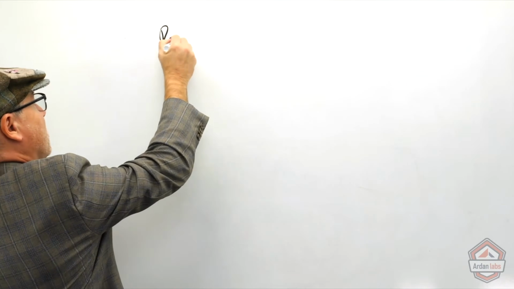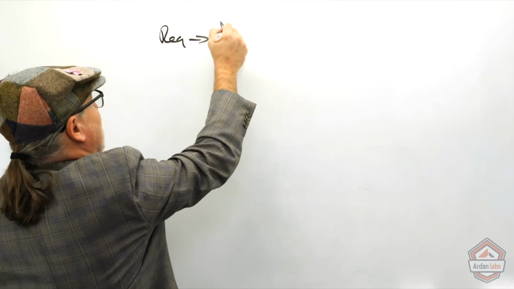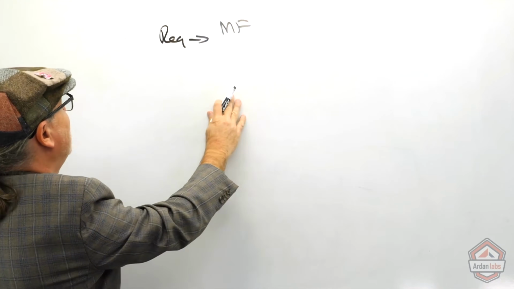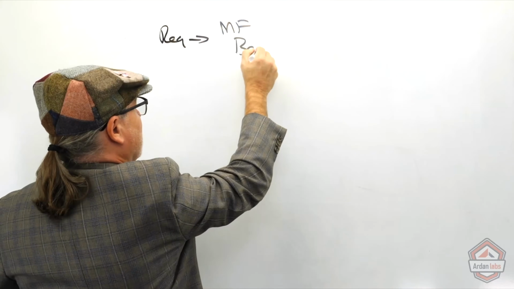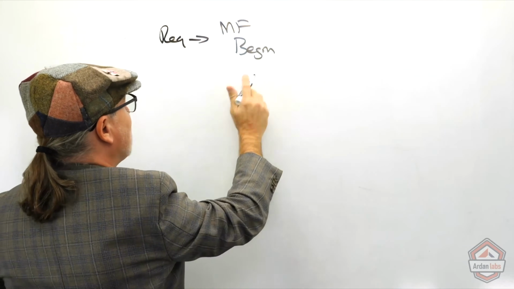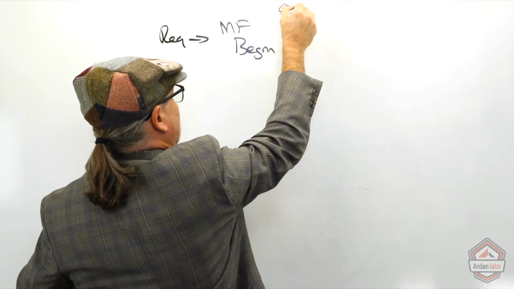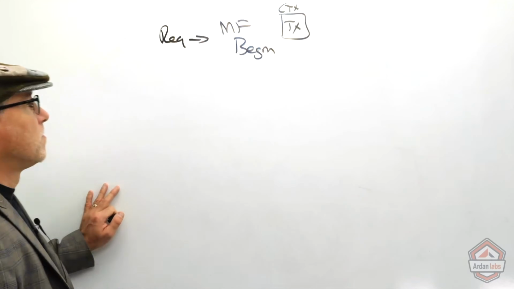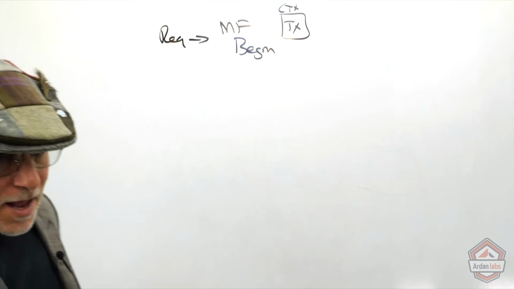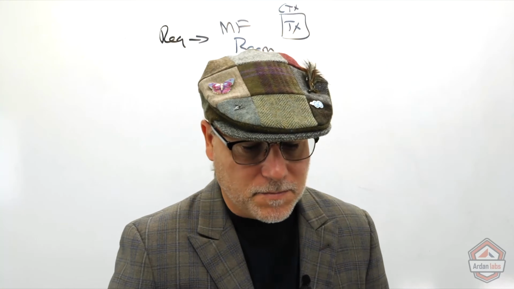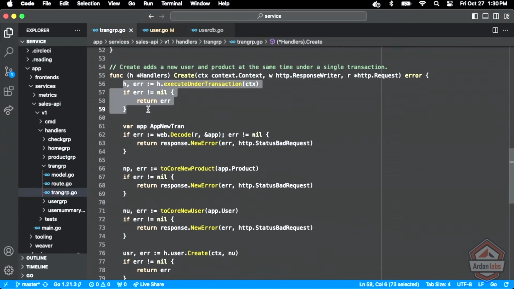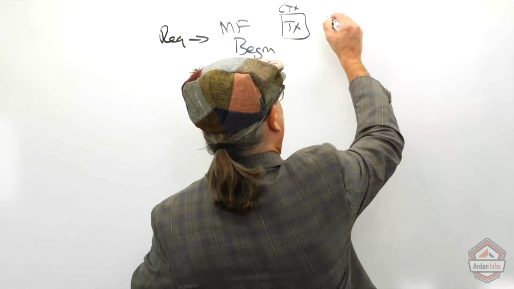When the request comes in, it's going to go through that middleware function. That middleware function is going to start a begin, and it's going to store that TX into the context. Then we're going to be in this handler function.